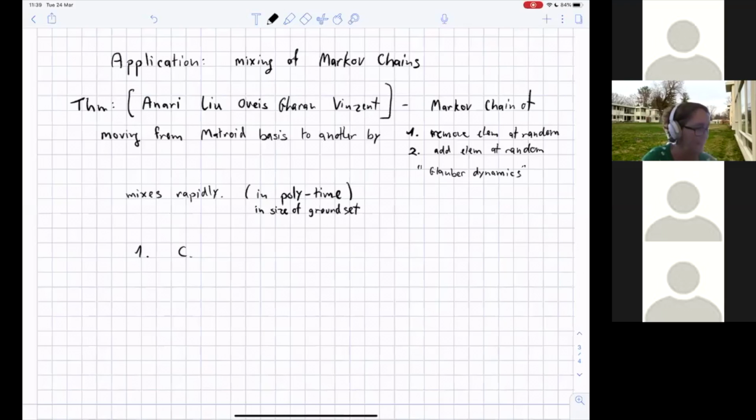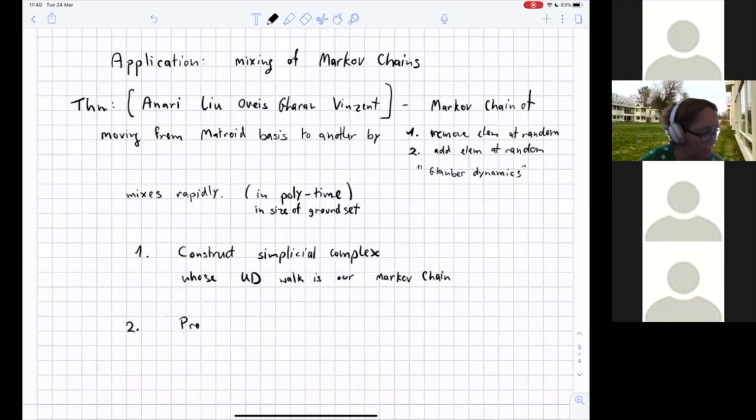So the first step will be to construct some simplicial complex whose down-up walk, the lower walk, is exactly our desired Markov chain. And the second thing is we will prove that it is a gamma-HDX, with actually gamma equal to 0, which is kind of weird.